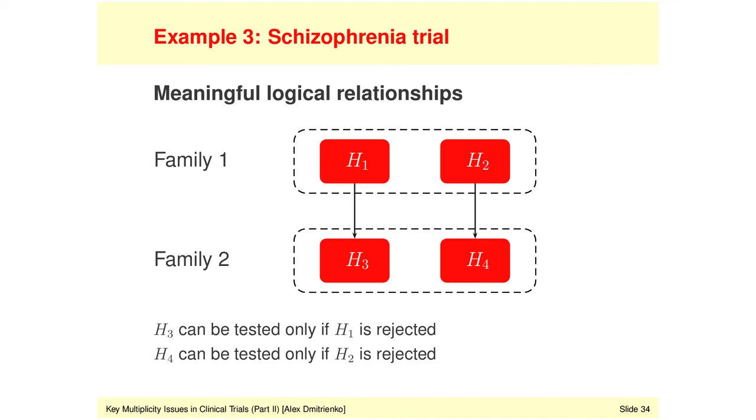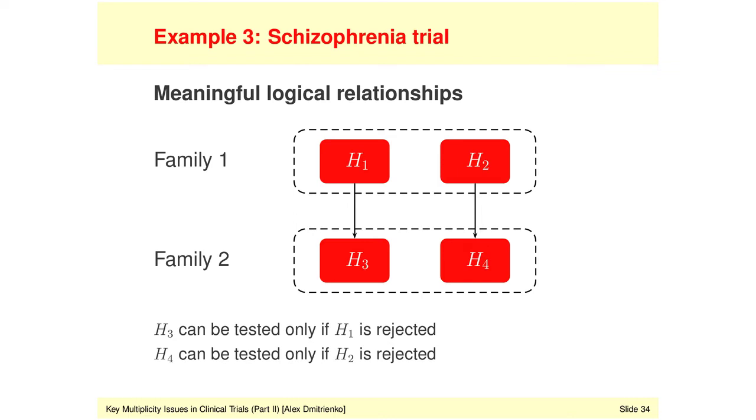The diagram that visualizes the clinically relevant logical restrictions that we discussed just a few seconds ago is presented on slide 34. According to the recommendation that we just went over, it is most meaningful to connect the hypothesis H1 and H3 and separately the hypotheses H2 and H4 as shown on the slide using the black arrows.